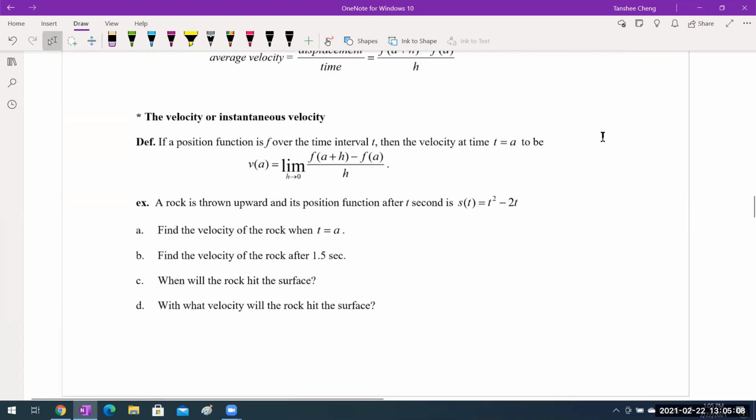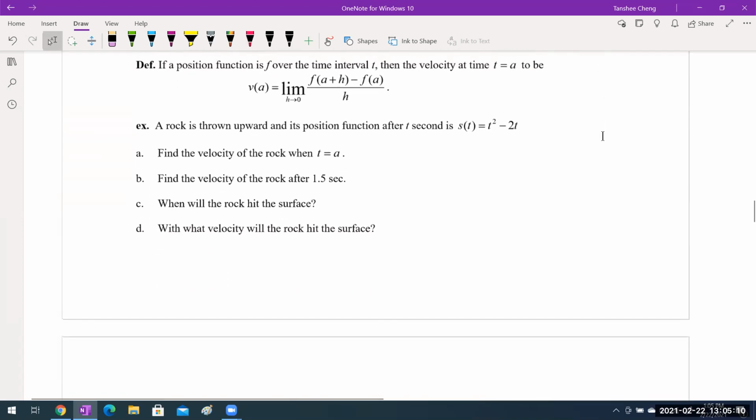So let's take a look at and do this problem. First, we want to find a velocity. A rock is thrown upward and its position function after t seconds is given to us: s of t is equal to t squared minus 2t. And we want to find the velocity of the rock when t is equal to a.